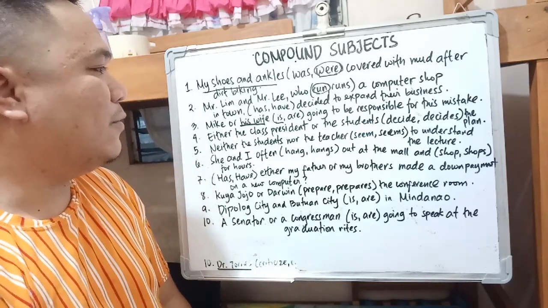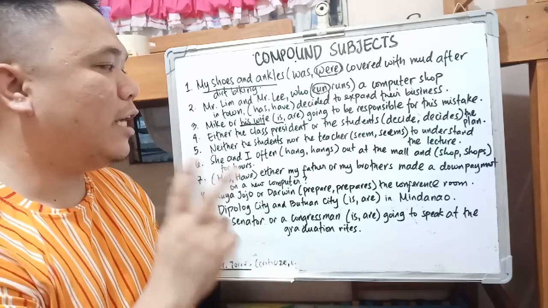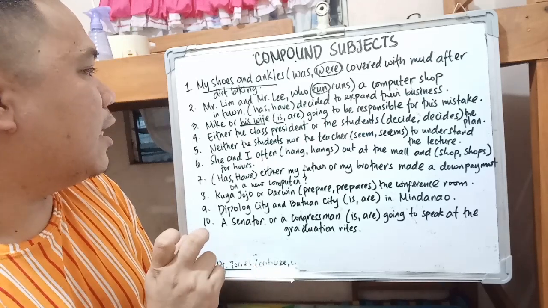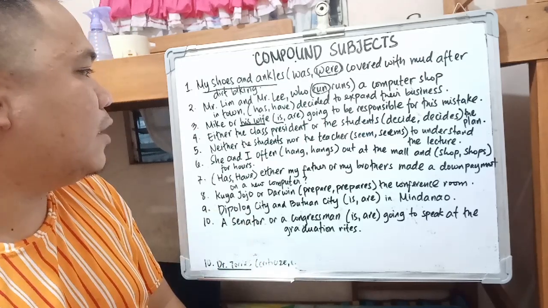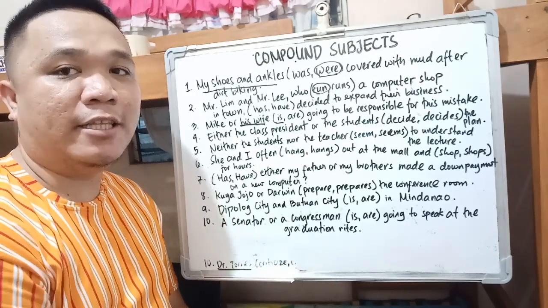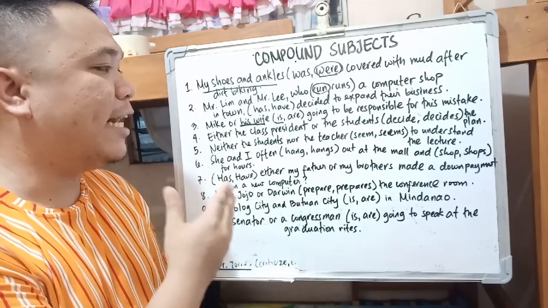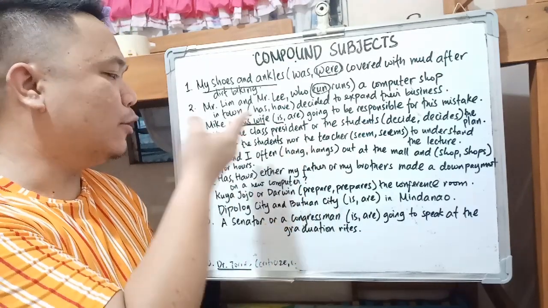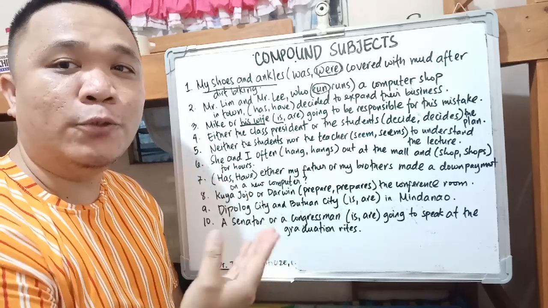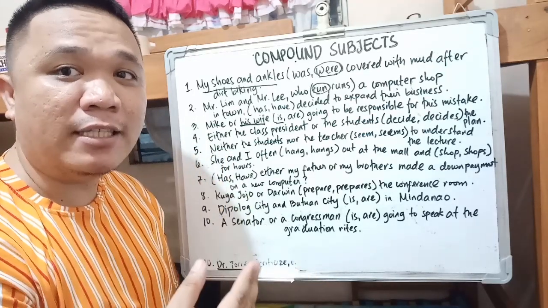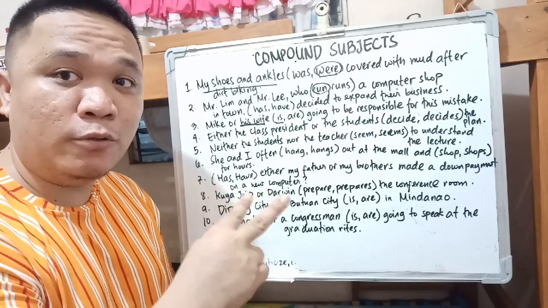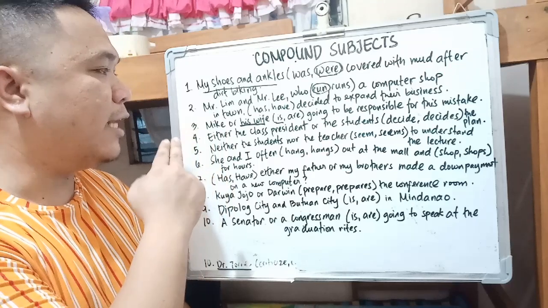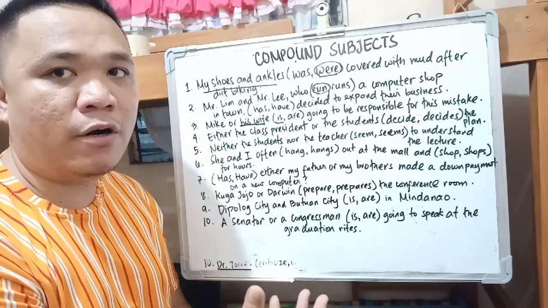In this rule, you have to choose the second one, the one nearer to the verb. So: either the class president or the students. If you look at it, there are two subjects introduced by either. But according to the rule, if your sentence begins with either and there are two subjects, choose the second one. Same as the rule for or.